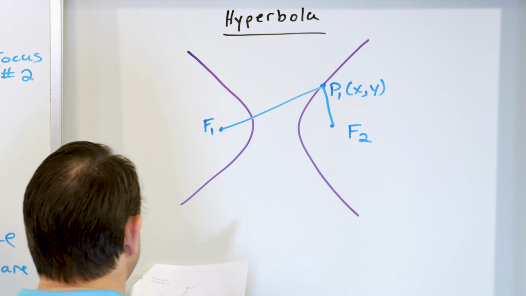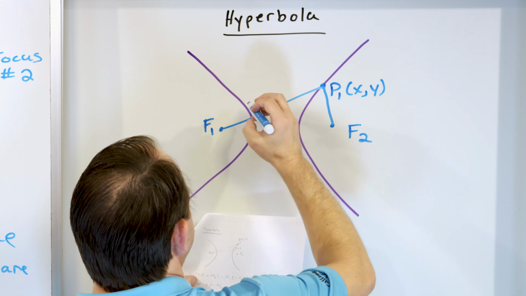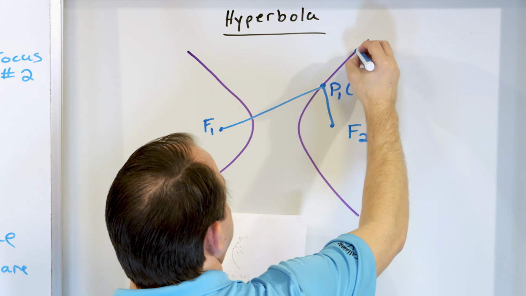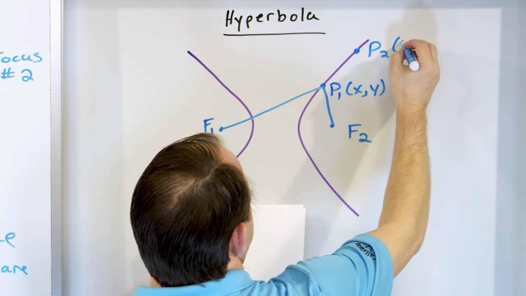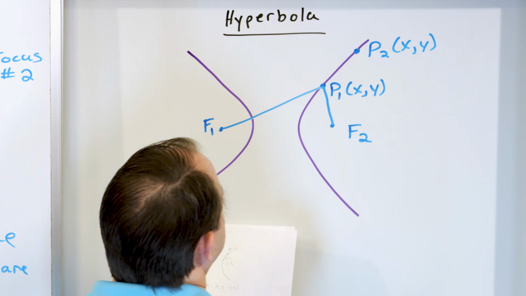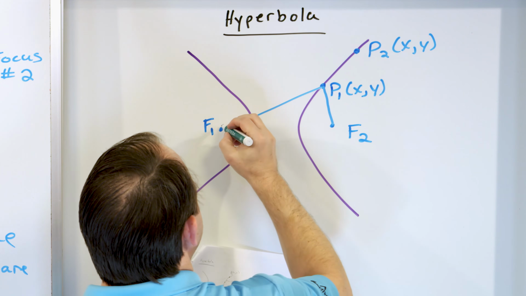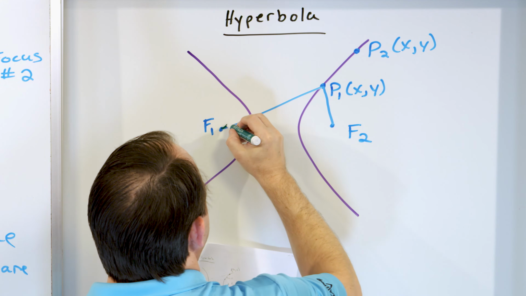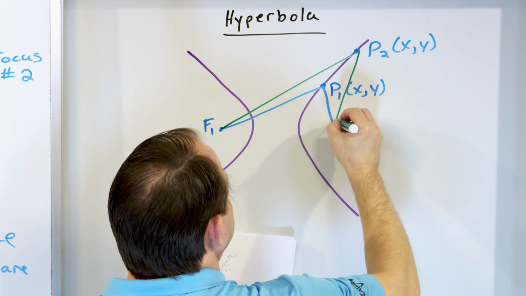It's probably going to be easier to show with another point as well. Let's call it P sub 2, (x, y). So let me draw another one to make it a little easier to understand. Then we have the distance between F1 up to here, and the distance between here down to the focus as well.